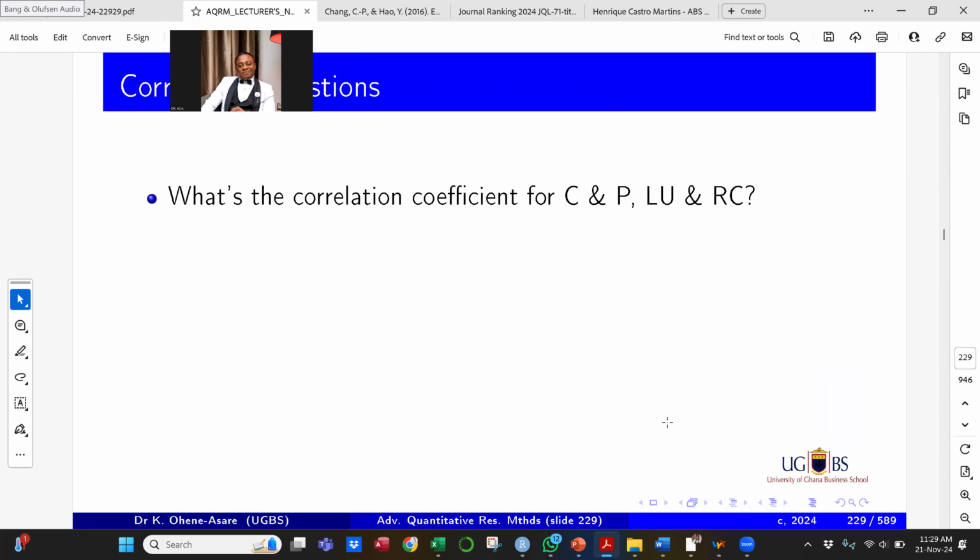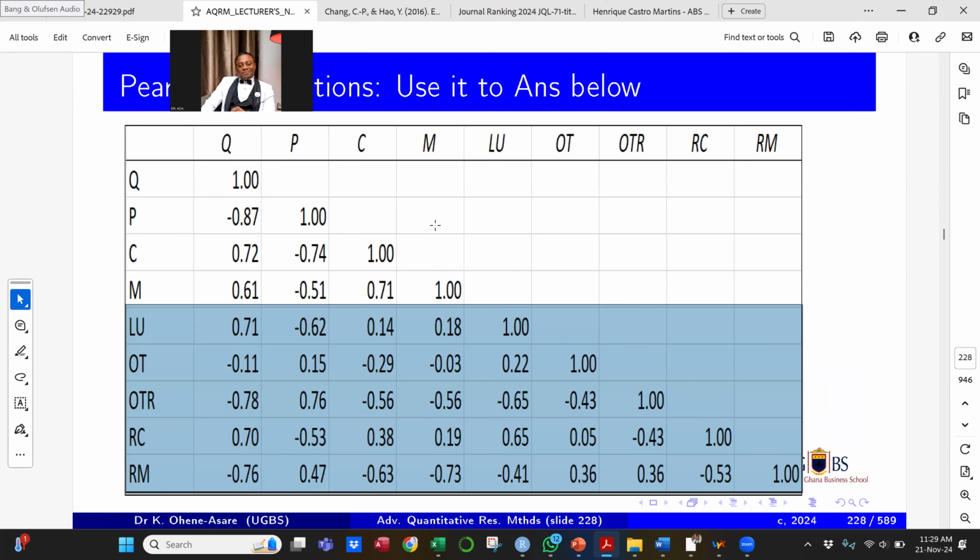One of the first questions I normally ask is, what is the correlation between C and P? Who can tell me, looking at this result, what is the correlation coefficient between C and P? You should be able to learn how to read correlations. What is the value? Negative 0.74. Very good. What is the correlation coefficient between M and C?